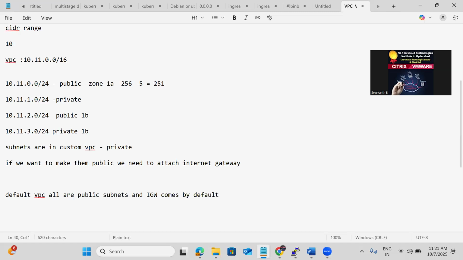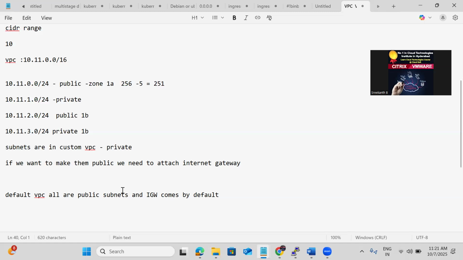If you don't attach the internet gateway, what is going to happen? They cannot be accessed from the internet. They are private, so only within the VPC those are accessible.